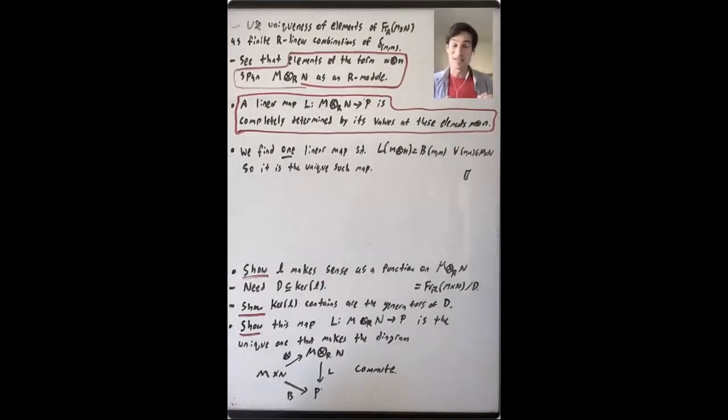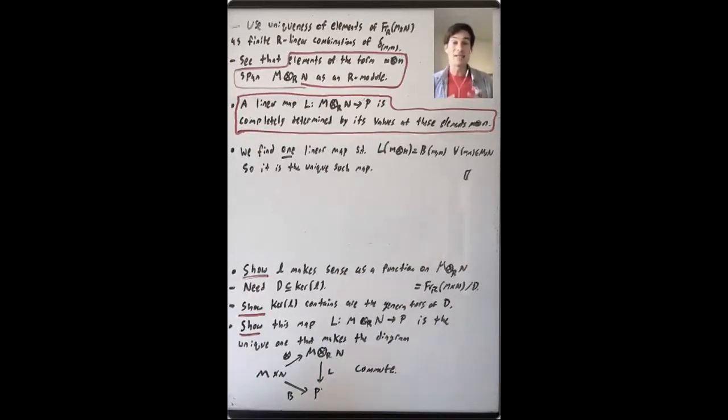So that shows that our tensor product together with this special bilinear map from M cross n into the tensor product really does satisfy the definition of a tensor product. So what I really should say is that this quotient of this free R module on the set M cross n, mod out by the submodule D, which we described explicitly in terms of generators, that this R module together with this tensor map satisfies definition 3.1.